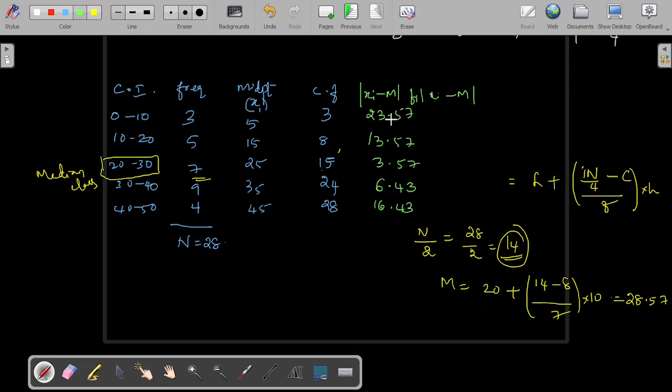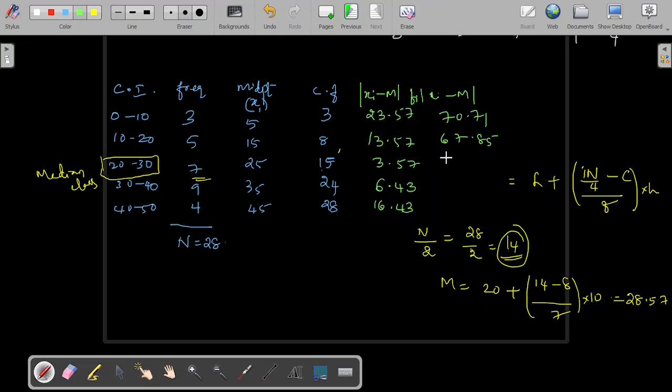Now you have to multiply this with the frequency. So 23.57 into 3 gives you 70.71. Next 13.57 into 15, which gives you 203. 13.57 into 5, which gives you 67.85.